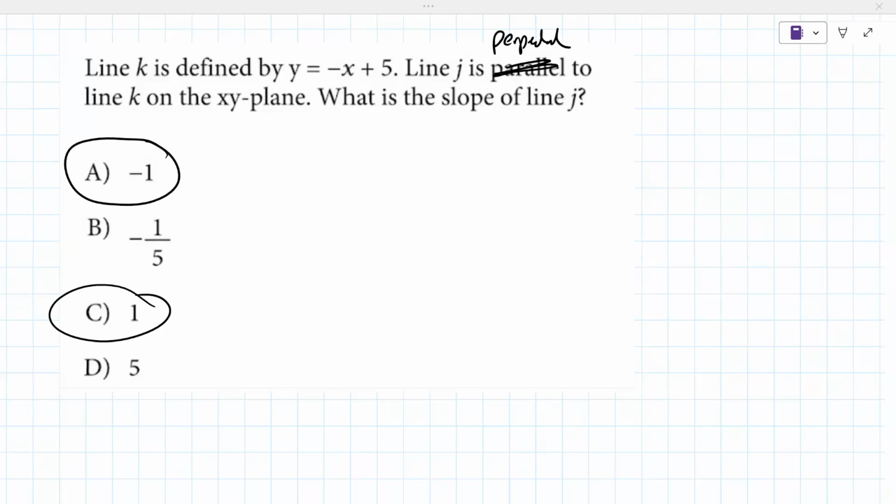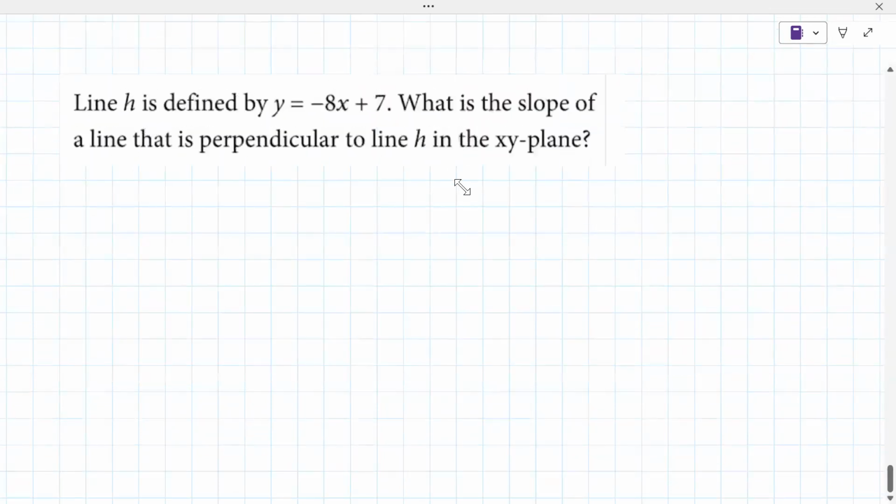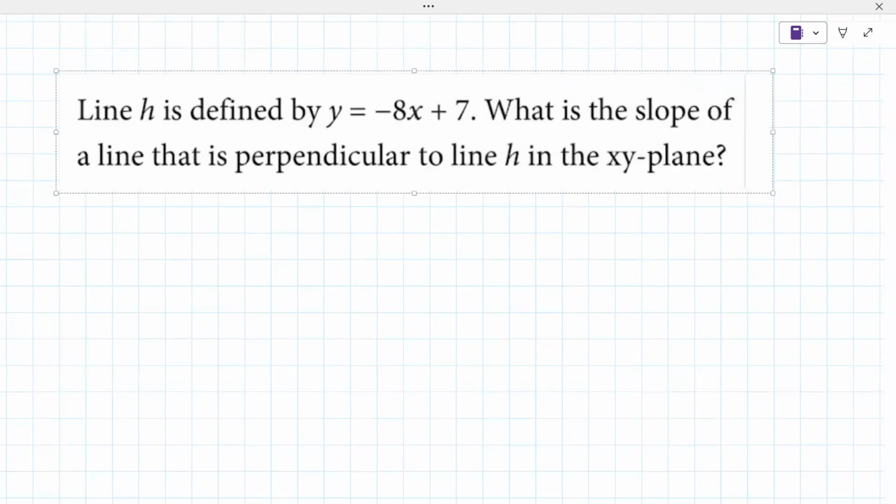Okay, we haven't done this in a while. So this is a free response question. It's related to what we were just doing here. There's no multiple choice here, so you've got to give me the answer. We're going to talk about how to fill in the free response bubble.